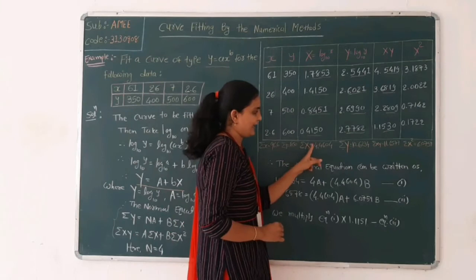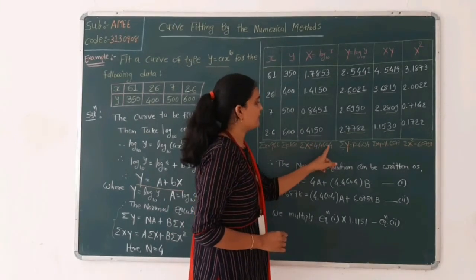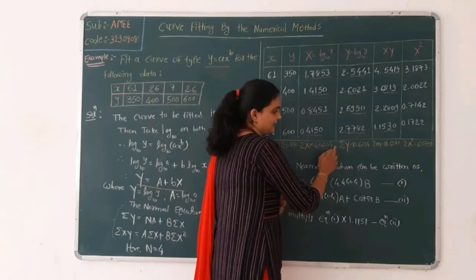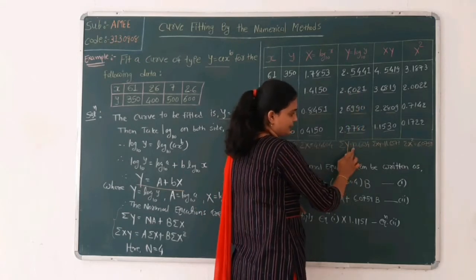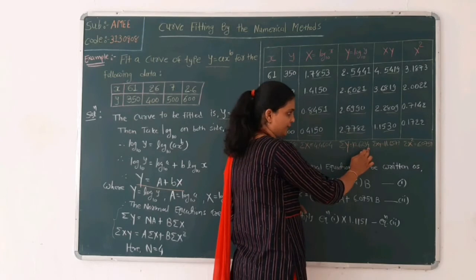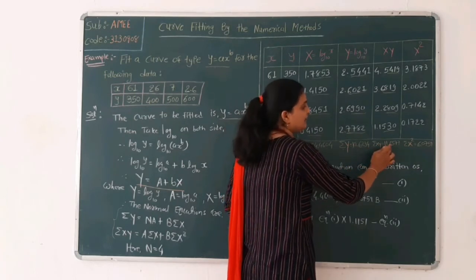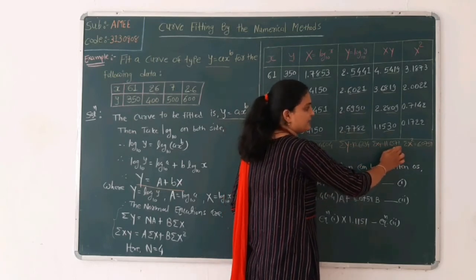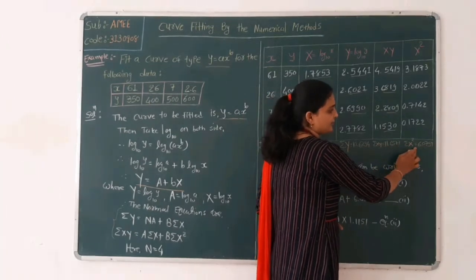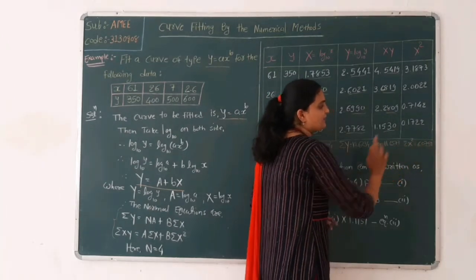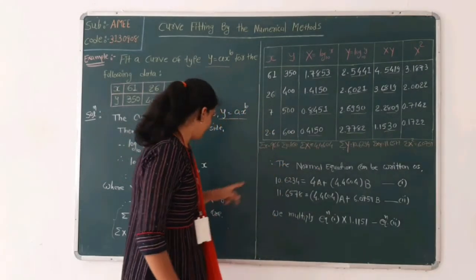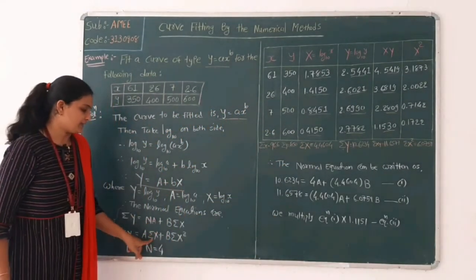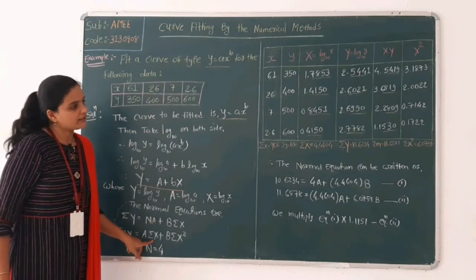Next, summation capital X is 4.4604 and summation capital Y, adding all the four values, gives 10.6234. Summation XY is 11.6577 and summation X square is 6.0759.